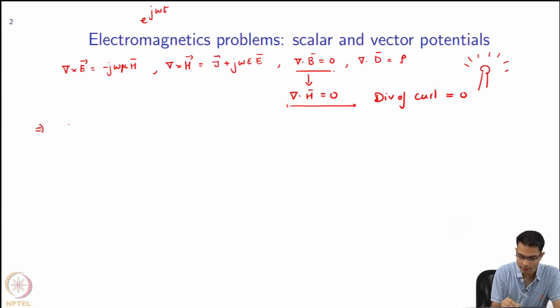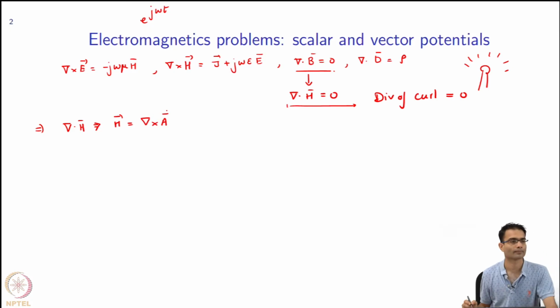So, that implies that H is equal to curl of A, okay, and A could be anything, right. This relation will always be satisfied. So, what I am doing is, from Maxwell's equations I am finding out something which is consistent, right. This is not inconsistent with Maxwell's equations.